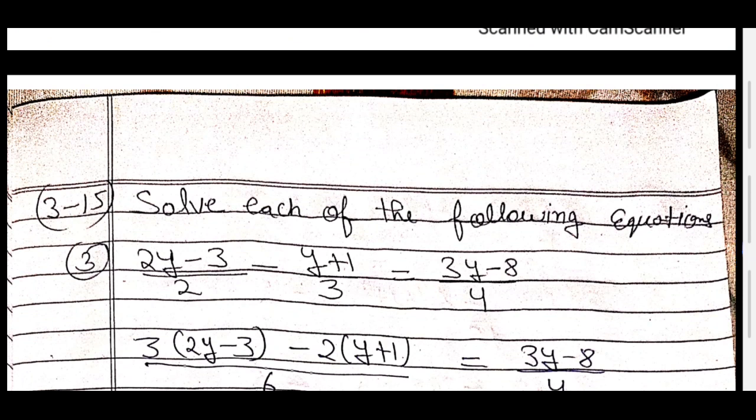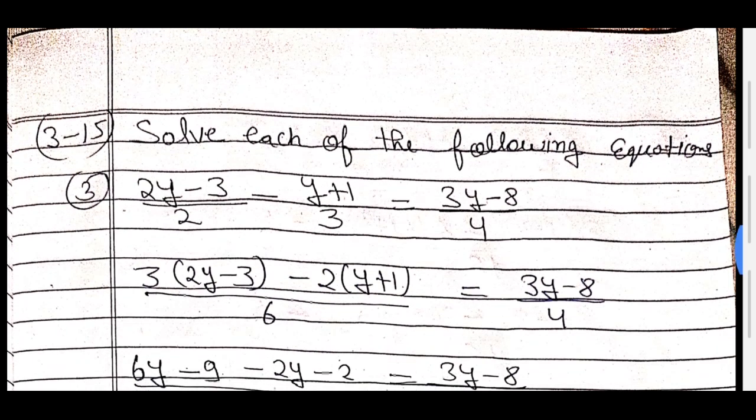Now come on question number third, that is 3 to 15. Solve each of the following questions. First question is 2y minus 3 upon 2 minus y plus 1 upon 3 is equal to 3y minus 8 upon 4. So what you do, just cross multiply. Multiply 3 by this number, 2 by this number, and 3 times 2 is 6.